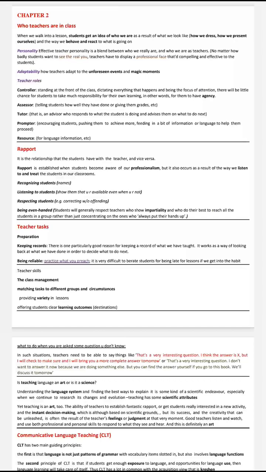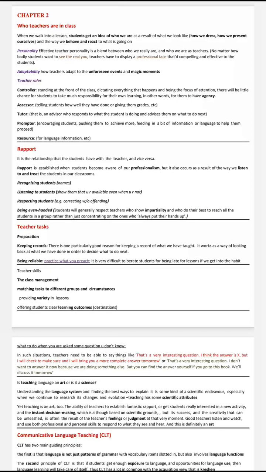In other words, the students have no agency. Assessor: telling students how well they have done or giving them grades, etc.